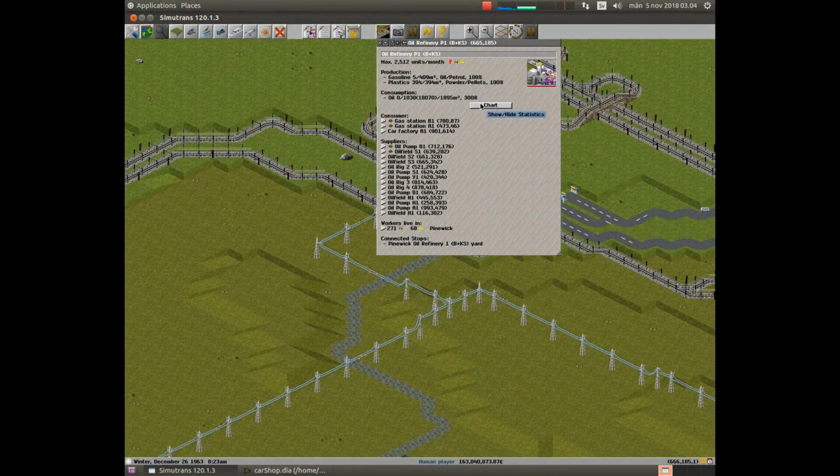When it comes to refinery, they produce gasoline and plastic. If you produce gasoline, you get plastic as a byproduct. If you produce plastic, you get gasoline as a byproduct.